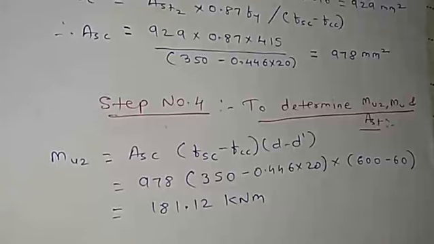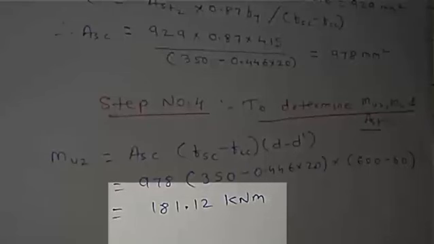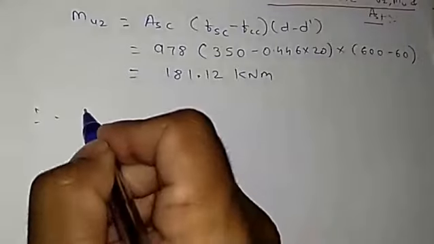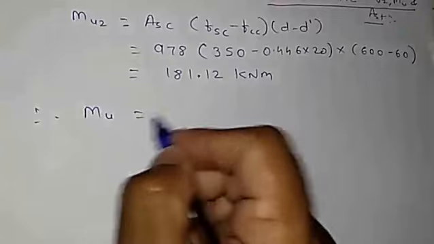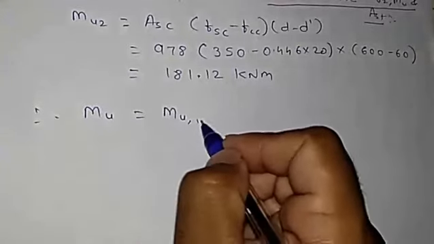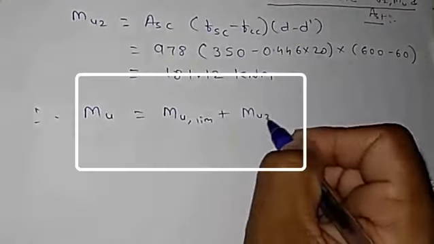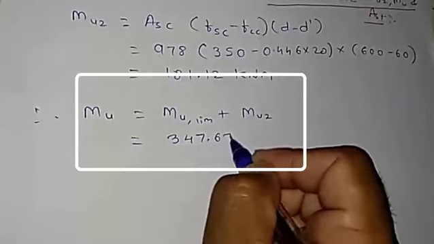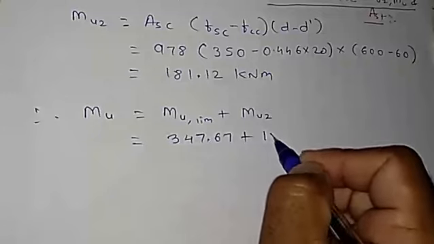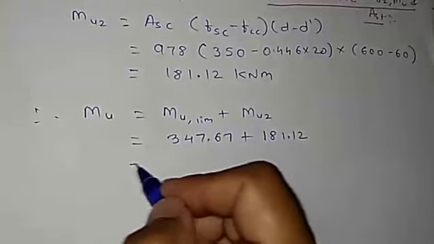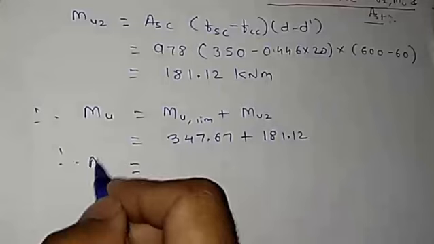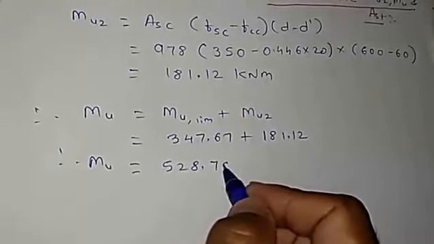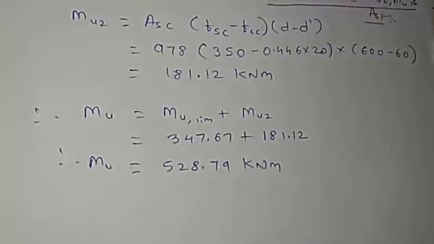Now if you just add Mu limiting and Mu2, you will get the total Mu. So therefore Mu equals Mu limiting plus Mu2. Mu limiting we already calculated, that is 347.67 plus 181.12. So this is the total Mu. You will get around 528.79 kilonewton meter.